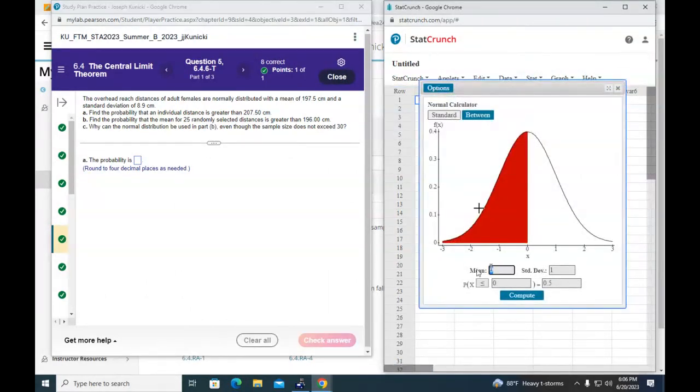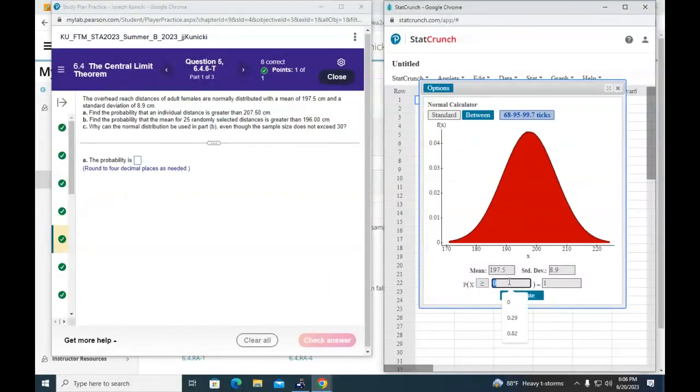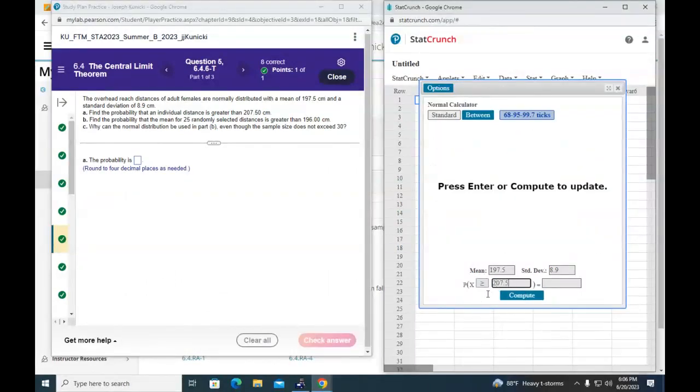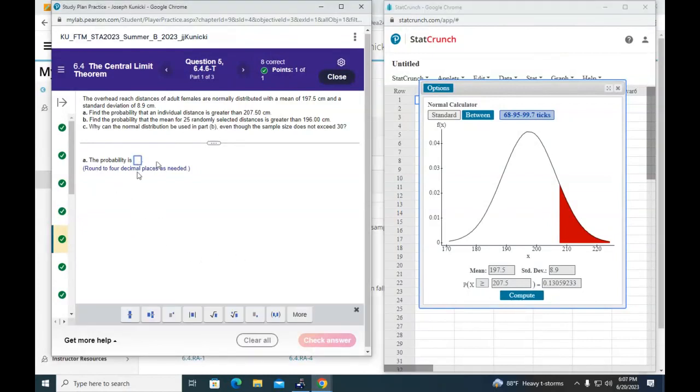The mean is 197.5, and the standard deviation is 8.9. To find the probability an individual distance is greater than 207.5, so greater than 207.5, the answer is 0.1306.